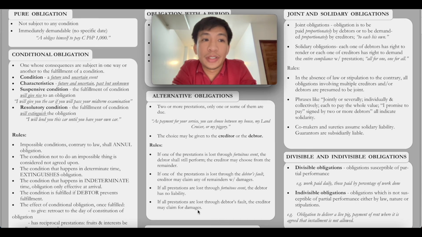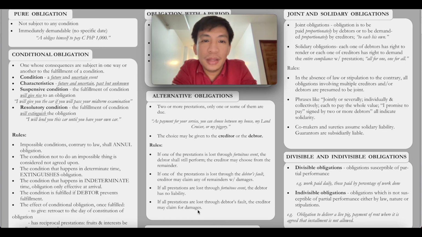Well, for example, payment of debt, kapag nagbayad ka ng utang, unless pag-agreehan nyo na pwede siyang i-divide, you cannot compel, hindi mo pwedeng pilitin yung isang creditor na tanggapin ang partial payment. Hindi mo pwedeng pilitin na, tanggapin mo na, nagbabayad na ako ng partial, bakit hindi mo tanggapin? Hindi pwede yan. That's in the law. Okay?